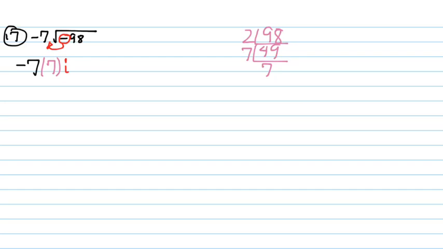So I have a 7 that came out as well. I have a set of 7's. And what was left behind is that square root of 2. So when I simplify this out, I get negative 49i on the square root of 2.